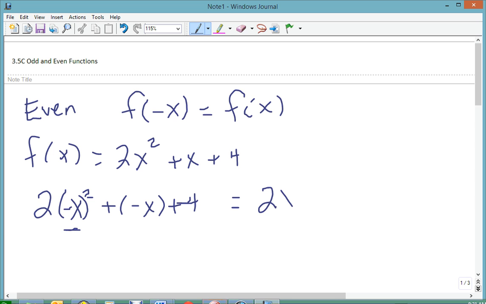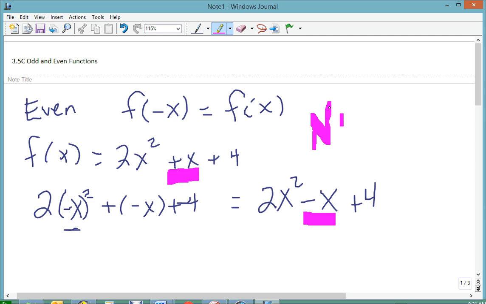So that one is just like a 2x squared. This, though, does have a negative x, and then plus 4. Okay, so is it exactly the same? Well, no, this is a plus x, and this is a minus x. So this is not even. It has to be exactly the same. Every single term has to end up exactly the same.